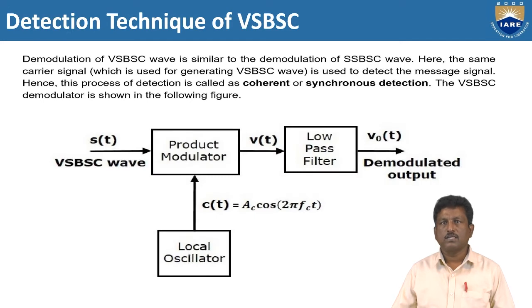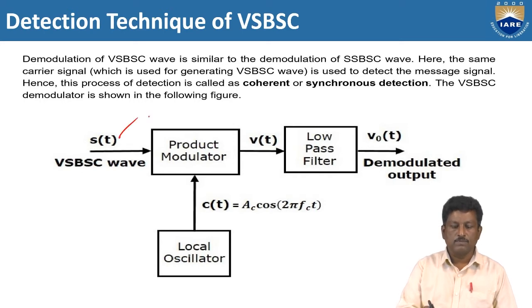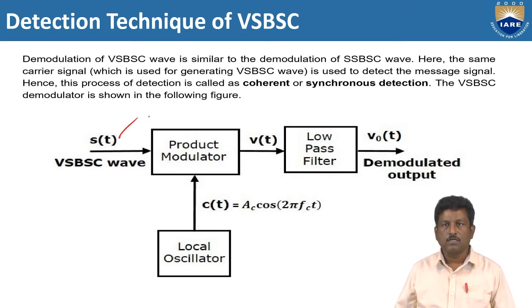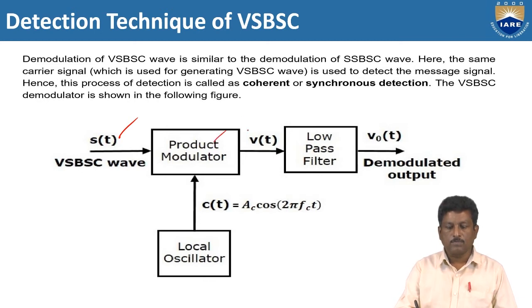Then coming to the detection techniques. At the receiver part, we arrange the detection technique of the VSB. The received signal S of t is the VSB modulated wave. Then there is the arrangement of the product modulator.